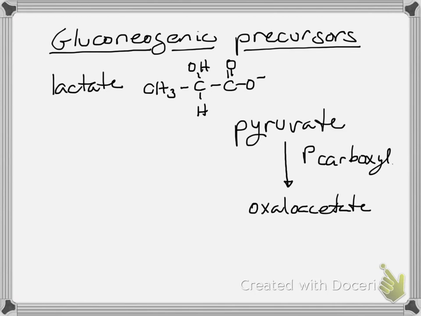The liver picks this lactate up and converts it into pyruvate by the lactate dehydrogenase enzyme. This lactate dehydrogenase enzyme is the same enzyme that we find in muscle under anaerobic conditions, the same enzyme we find in red blood cells that allows it to regenerate its NAD capacity.